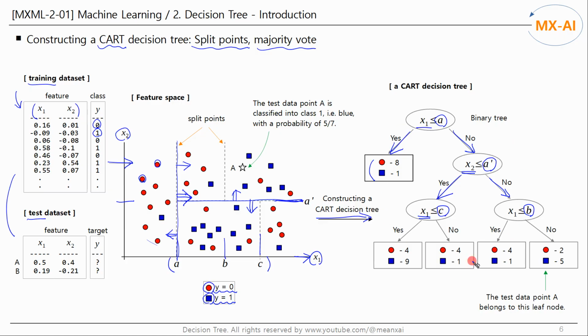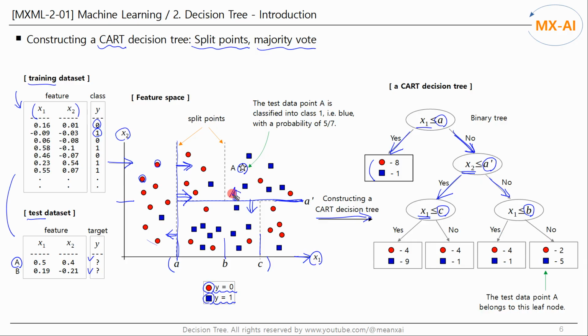Now that we have a decision tree, we can predict the target class for test data. In this space, the test data point A is located here. Since the feature x1 of this data point is greater than A, it is assigned to the right child node of the root node.